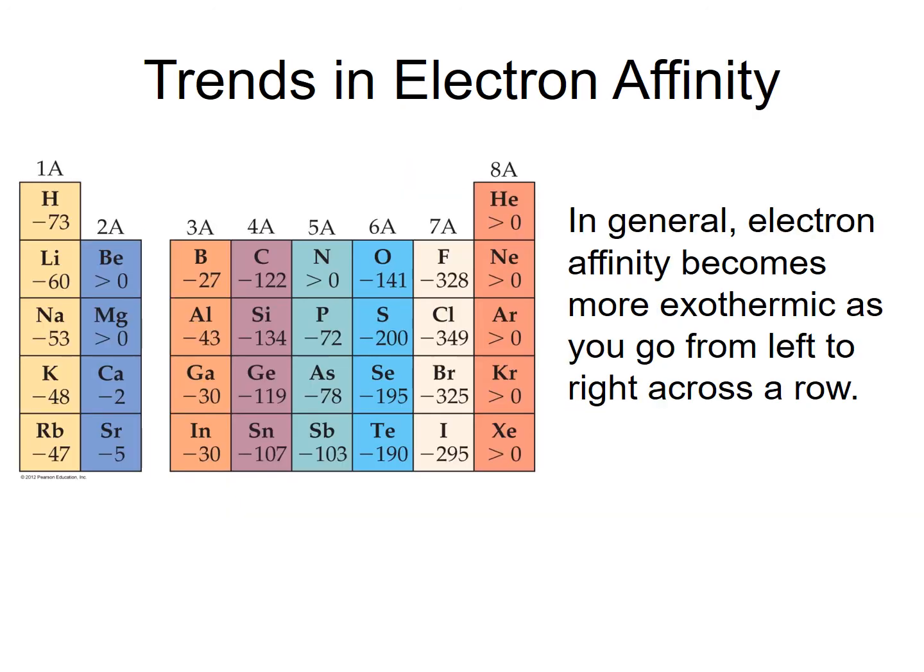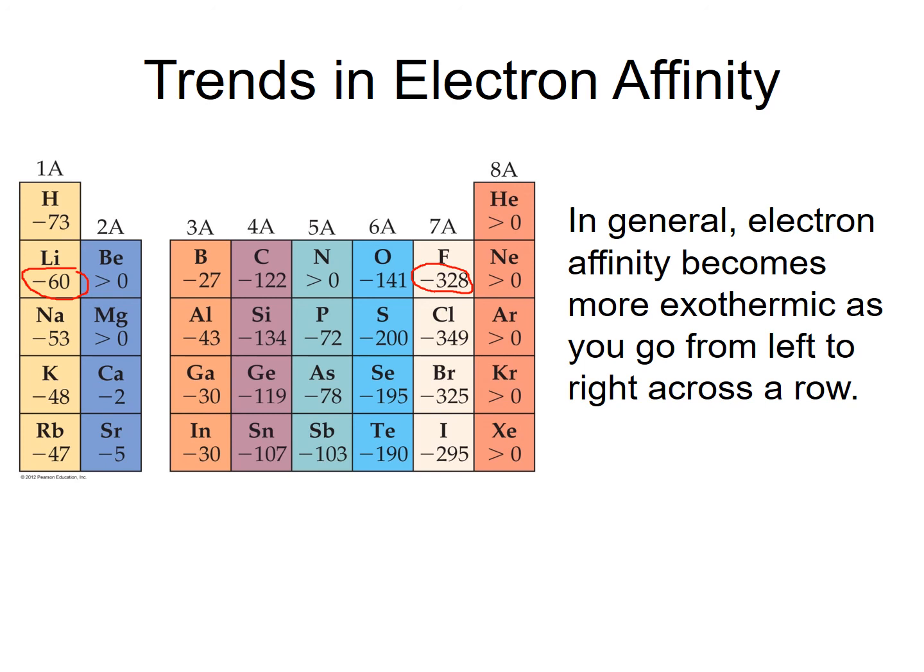On the right-hand side of the table, atoms tend to attract electrons. So here you can see that in general. It's a general trend. It's not absolute, and I'm not going to go into various explanations for the glitches here, but notice that electron affinity becomes more exothermic as you go from left to right across the row. Lithium is -60, and fluorine is -328.